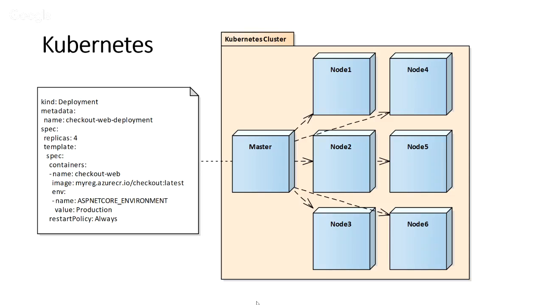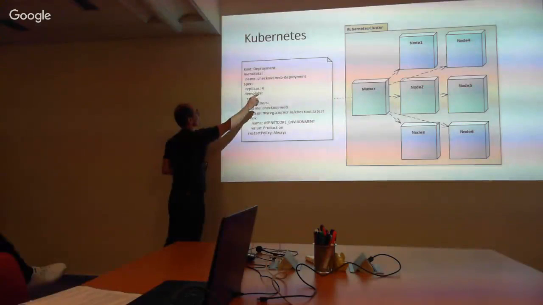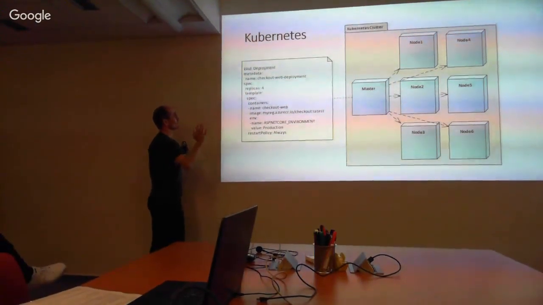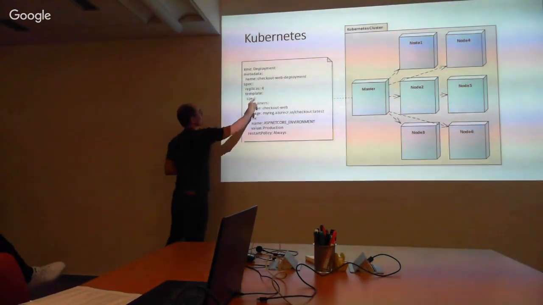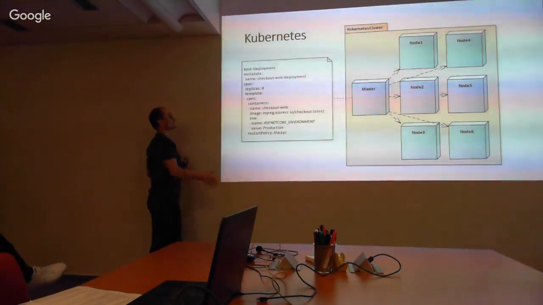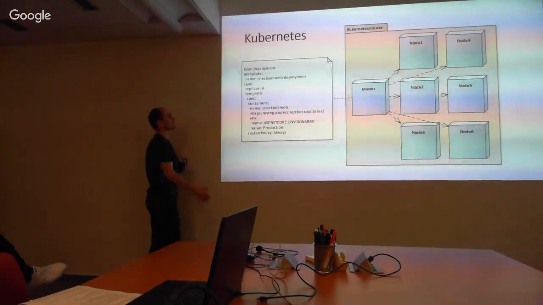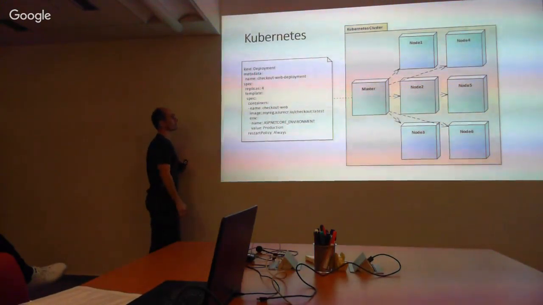This is an example of a deployment for one microservice. I say, okay, this microservice is called checkout web deployment. I want to have 4 replicas because it enjoys quite a bit of traffic, so I want to run it always in 4 replicas.